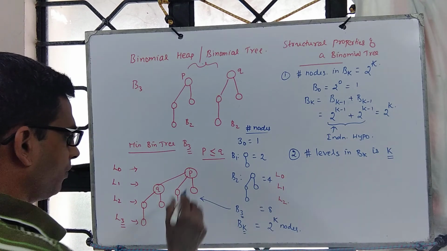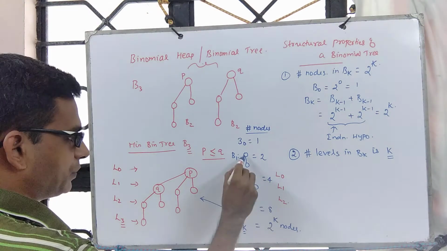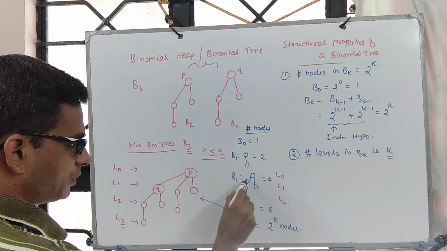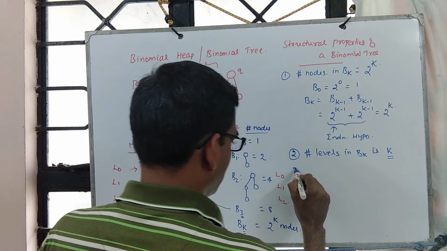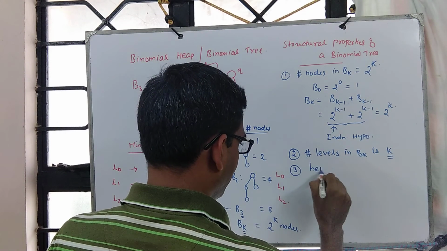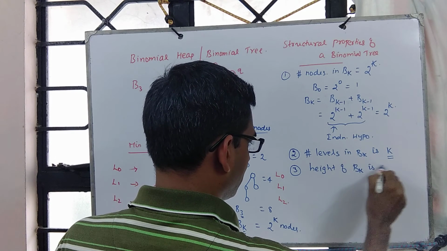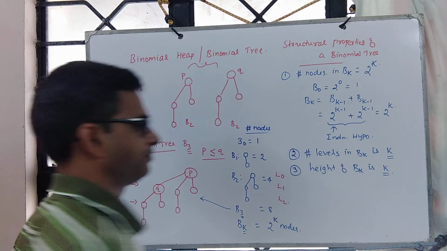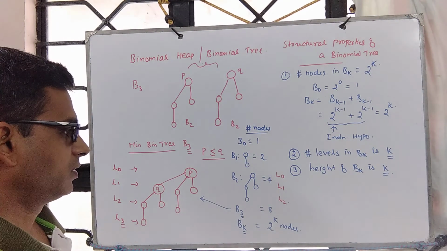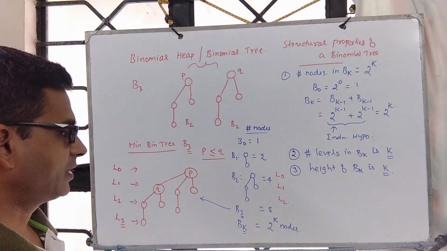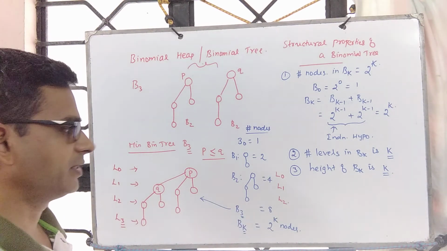What is the height of B0? It is 0. The height of this one is 1, of this one is 2, and of this one is 3. Or you can put it this way: the height of Bk is k. Fine. There are a couple more interesting properties and its connection to the binomial series that we shall see next.